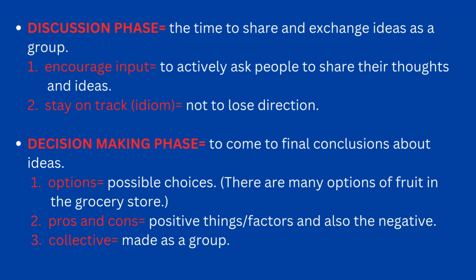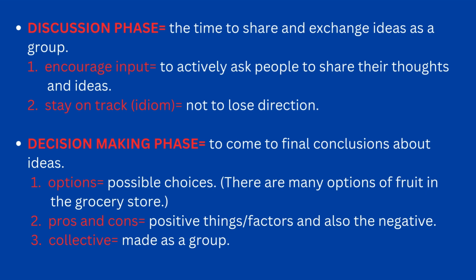In the fourth piece of a business meeting, this is the decision making phase. This is where you will come to final conclusions about ideas. Options mentioned here are possible choices. The example, there are many options of fruit in the grocery store. So in the decision making phase, you will discuss options that were proposed.